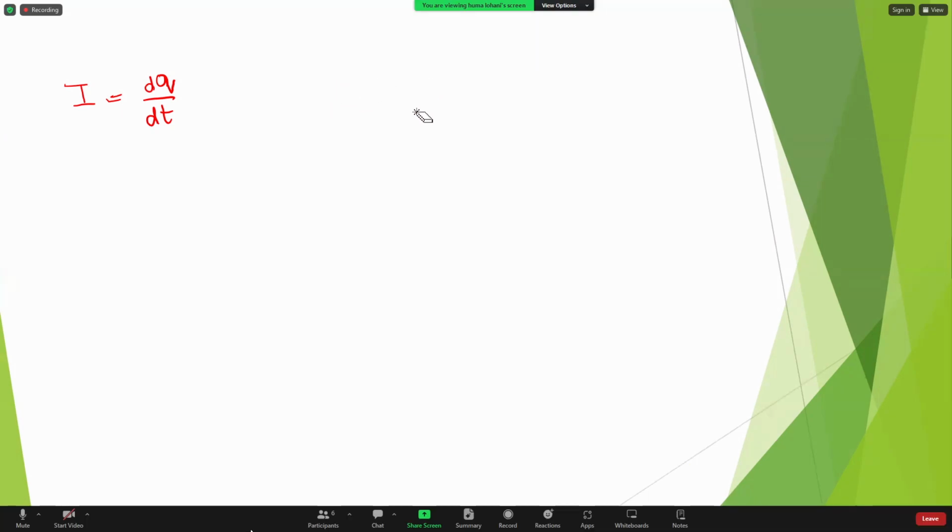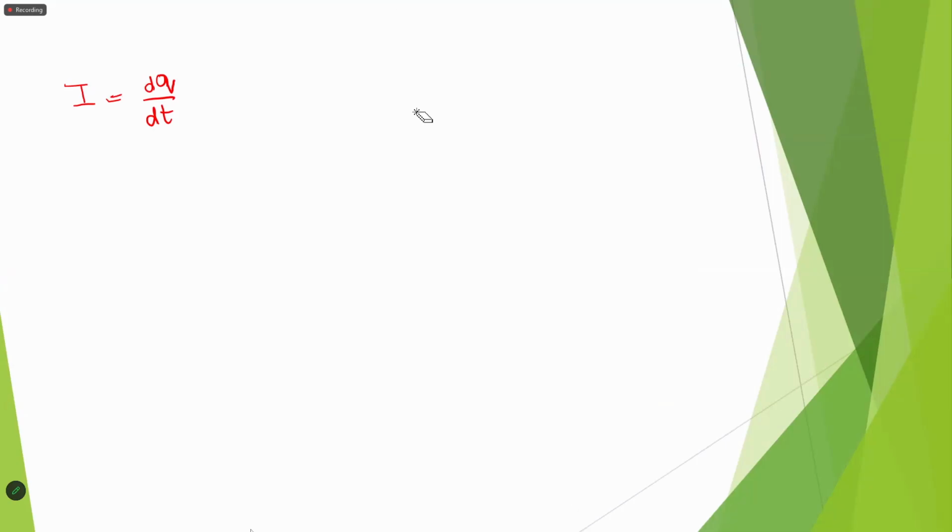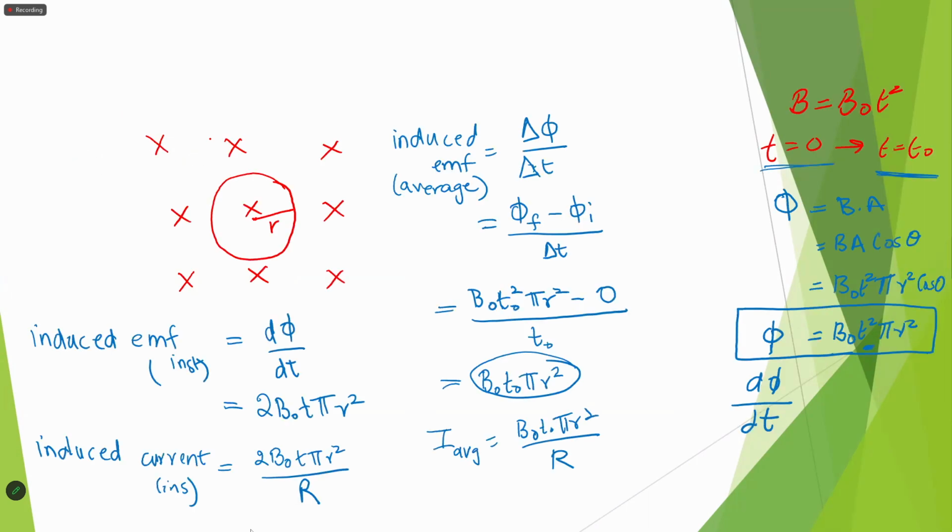Now, because we know that I is equal to dq by dt, can I say that my dq is equal to I dt? Just taking dt on the other side here. In the previous slide, we already found our instantaneous induced current.